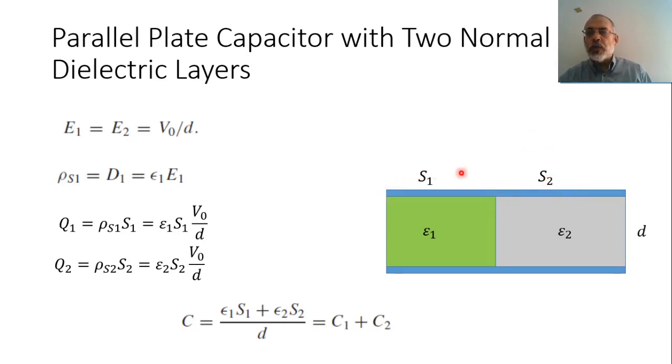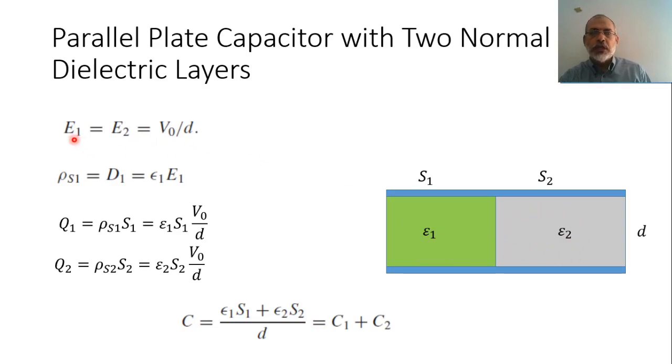And both surface 1 and surface 2 are separated from the corresponding one by distance d. So the potential difference between the plates S2 is the same as the potential difference between S1 and S1.